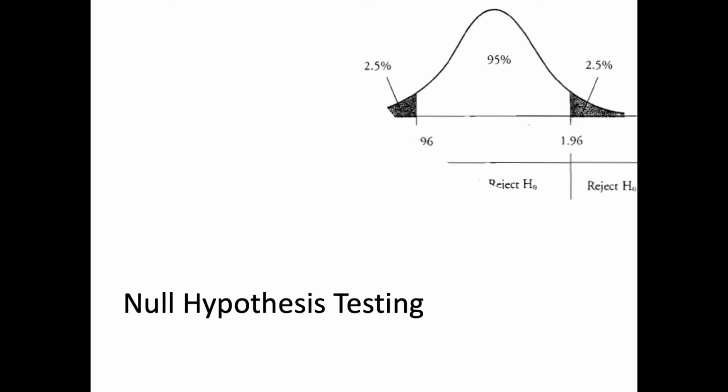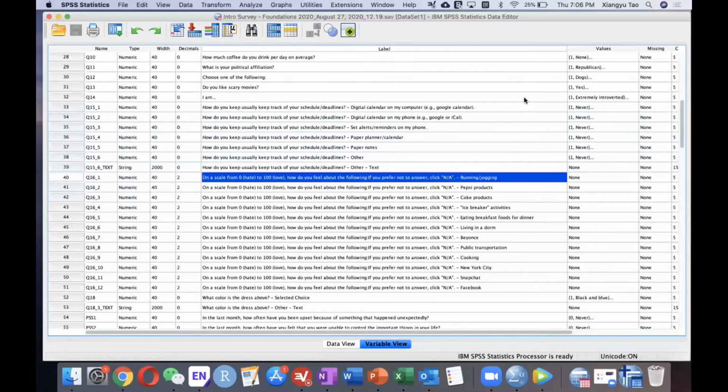So after I introduce you to basic concepts of correlations, let's practice it in SPSS. Welcome. So again, we're still using the intro survey of the Psych Foundation class, and I am choosing two continuous variables to practice the correlation analysis, because remember, correlations can only be practiced between two continuous variables.